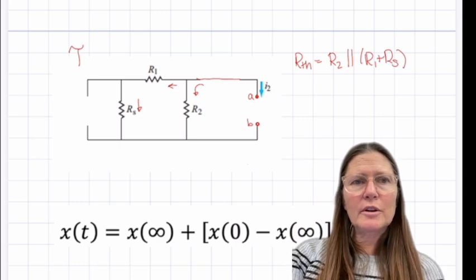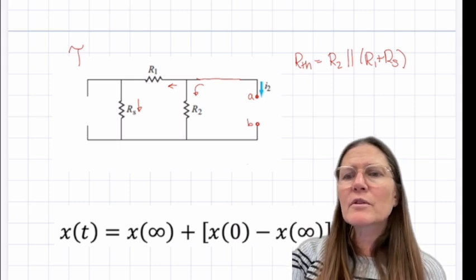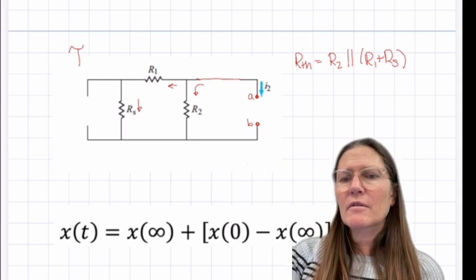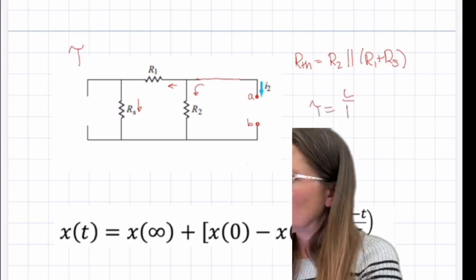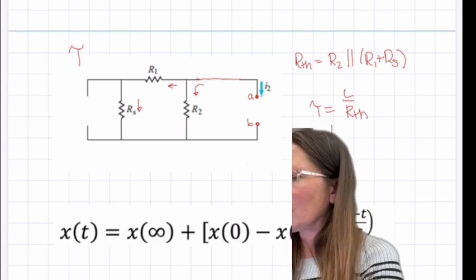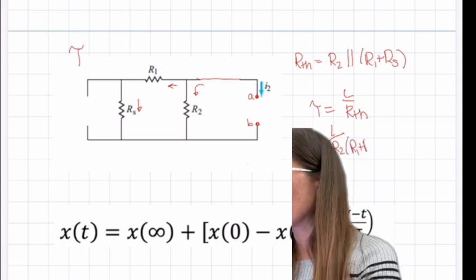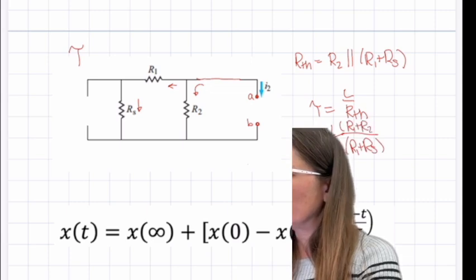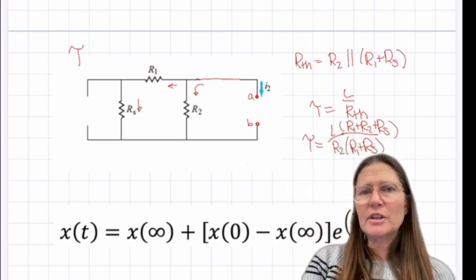So you'll plug in these values for each of those. Tau is L over RTH. So your tau is L divided by R2, R1 plus RS, all over R1 plus R2 plus RS. And then you would plug those into those different locations.